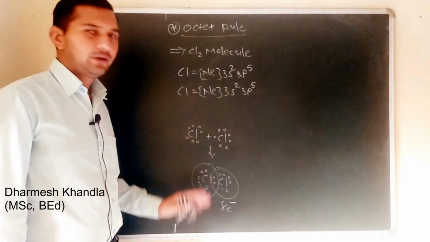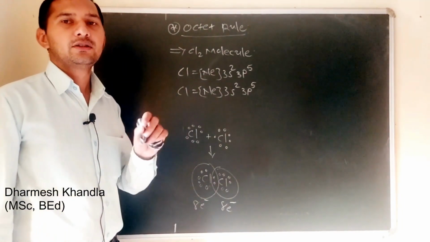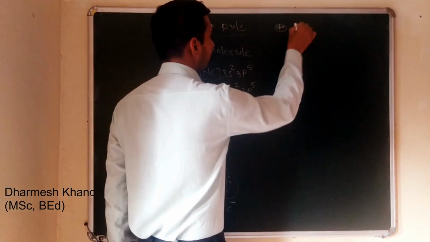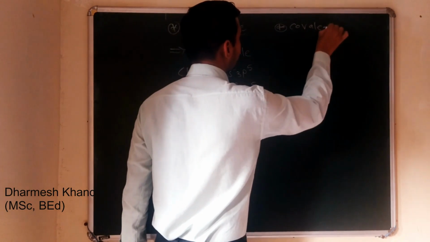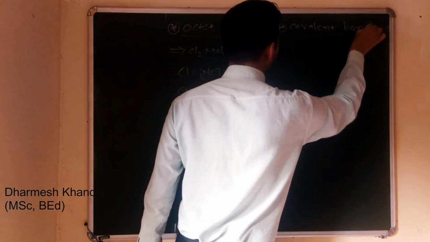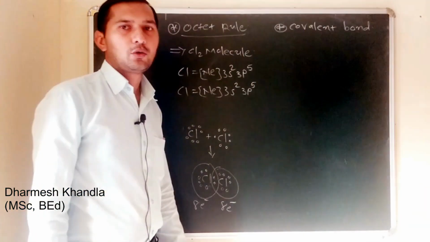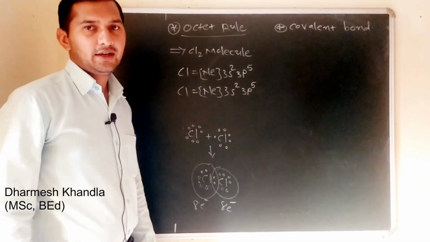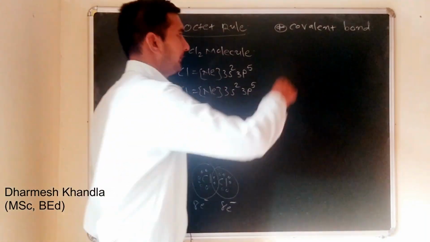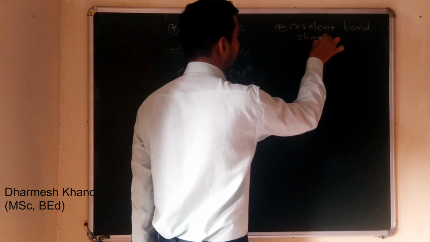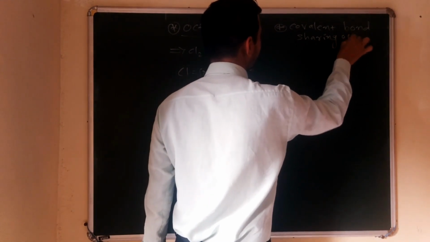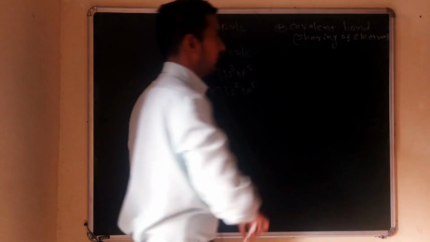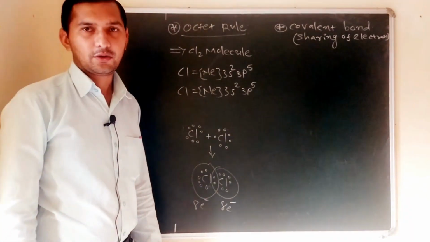Here we can also understand another new concept, which is known as covalent bond. So what is a covalent bond? A covalent bond is also said to be a shared bond, or sharing of electrons.